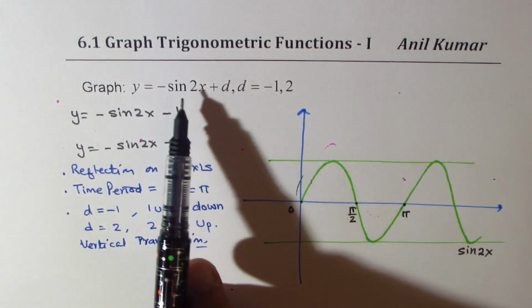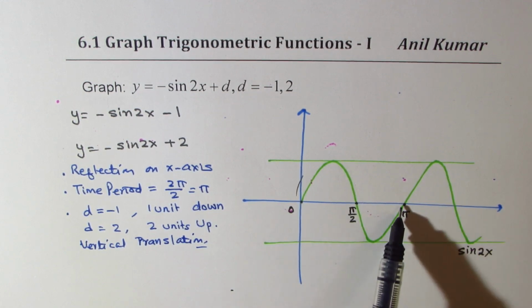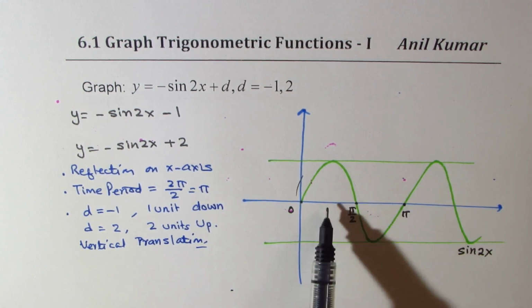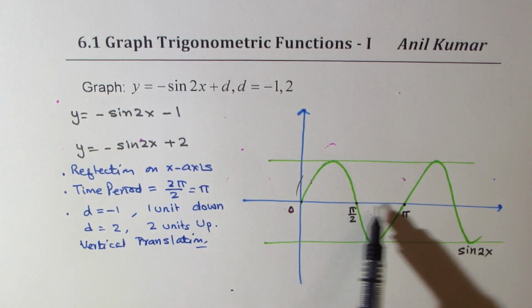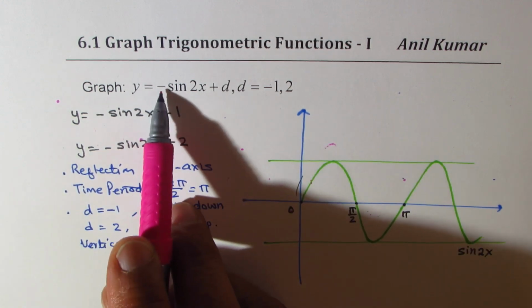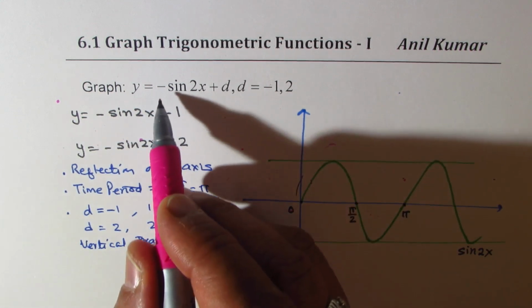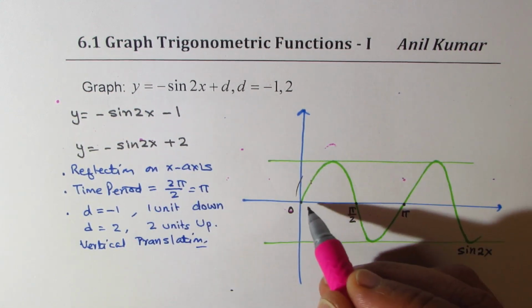So first part is, let's sketch sine 2x. So the time period becomes, instead of 2 pi, just pi. So we are horizontally compressed by a factor of half. Now, minus means it is reflected. So that minus means it goes in this fashion.